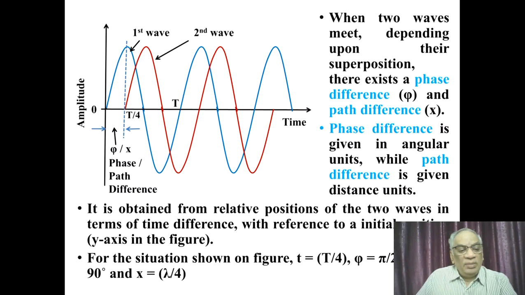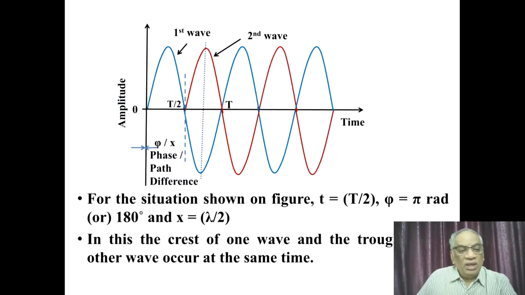Because in the present situation the time gap is T by 4, the phase difference becomes 2 pi by 4, that is pi by 2 radians, or 360 by 4, that is 90 degrees. Similarly, path difference x is given by 1/4 of lambda, that is lambda by 4.